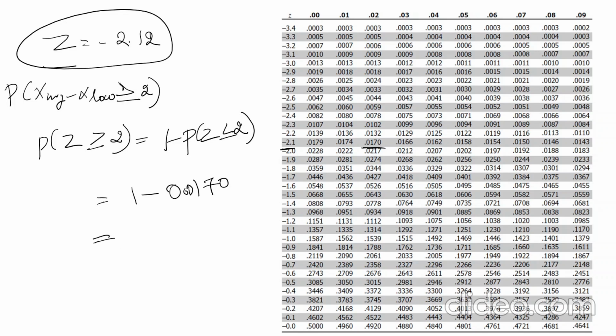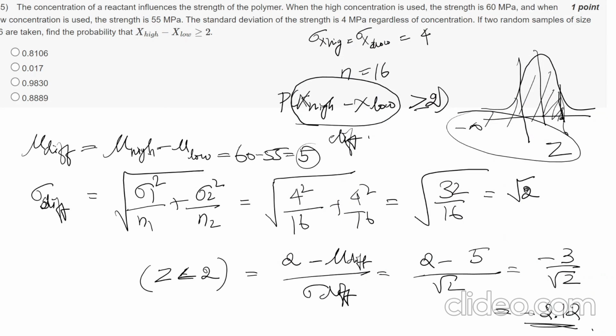So it is approximately 0.98. That is the P of x high minus x low greater than or equal to 2. So going by the options, we have got the answer.